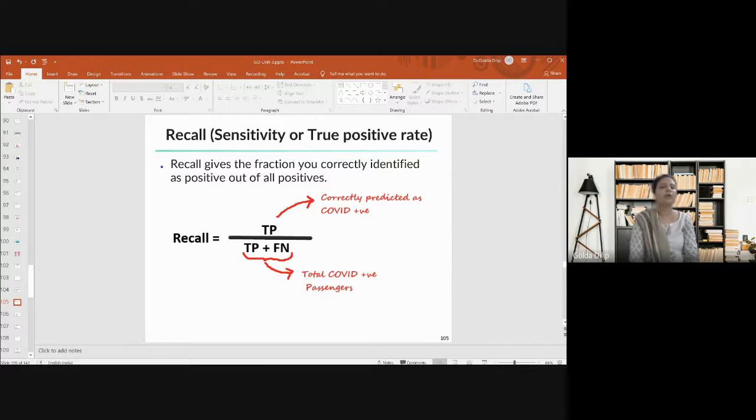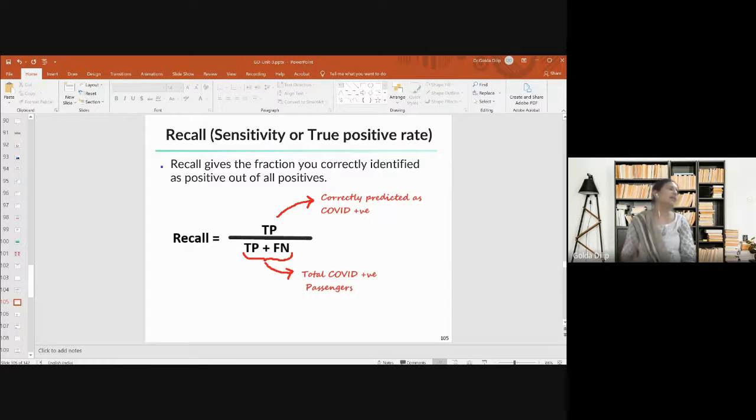Recall is also called sensitivity or true positive rate. Recall gives the fraction you correctly identified as positive out of all the positives.